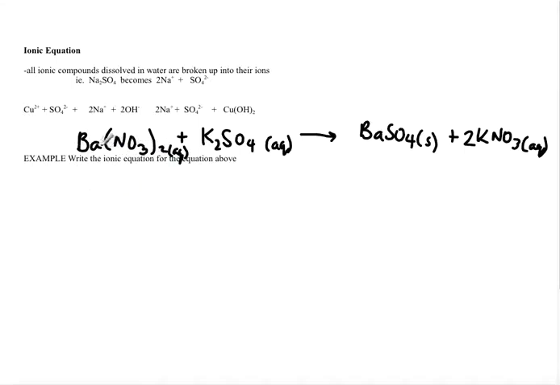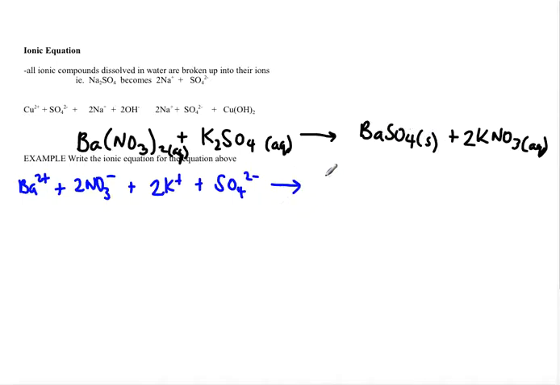So what we did on the previous slide with the visuals is exactly what we're going to write, but without the beakers. So anything that is aqueous is going to be broken apart into its ions. So barium nitrate breaks up into Ba2+ and 2 nitrates. Here we have 2 potassium ions and 1 sulfate ion.